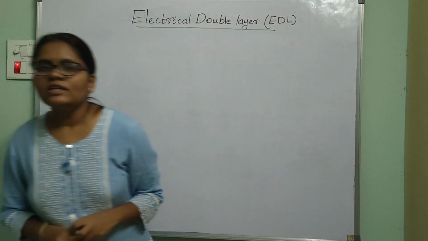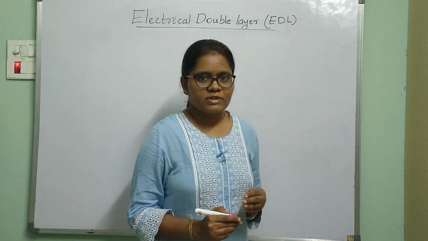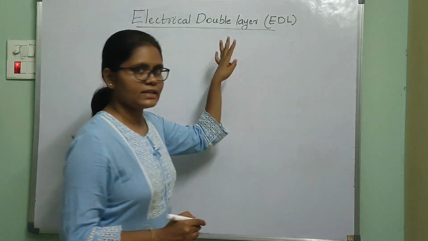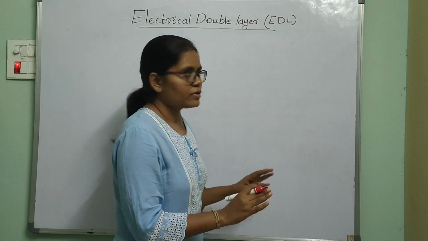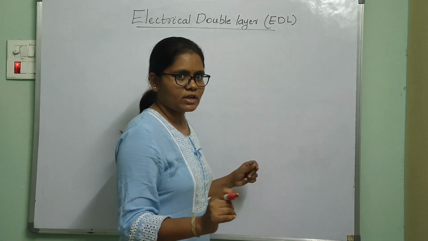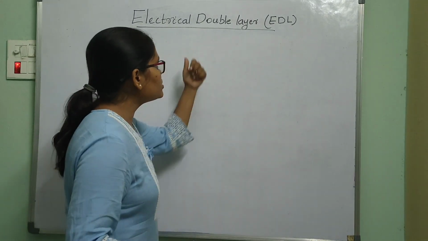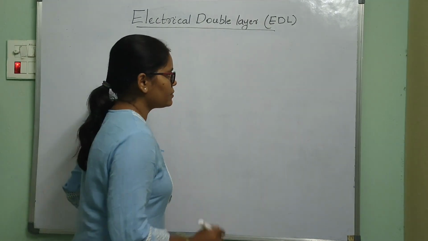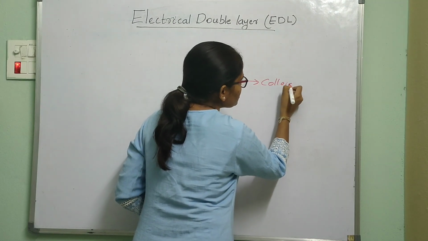So we will start the lecture by brushing up the basic concepts of colloidal chemistry that will help us to understand electrical double layer. So we will see only that is required, okay? We will not see the entire colloidal chemistry, we will see only those topics that can equip us to understand this EDL, okay? So first we will start with what are colloidal solutions.